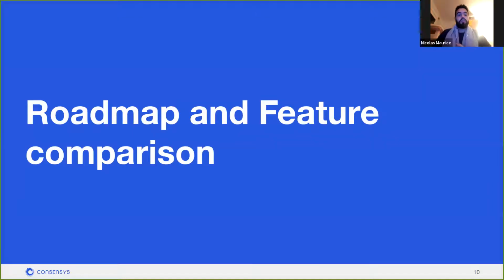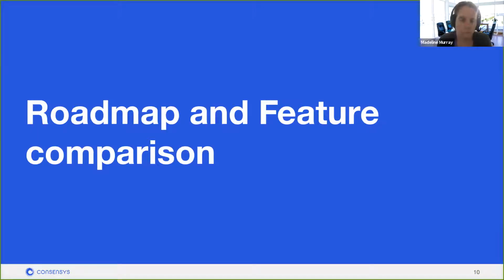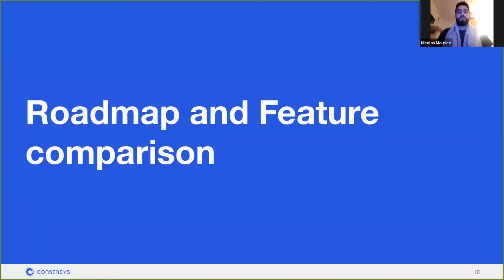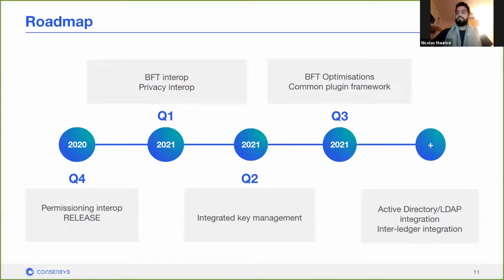And so now we will be discussing the roadmap and going through the feature comparison in more detail. And so now I will give the mic to Madeleine. Thanks, Nico. This view of the roadmap focuses on the aspects related to interoperability.